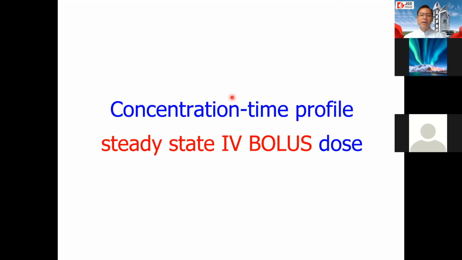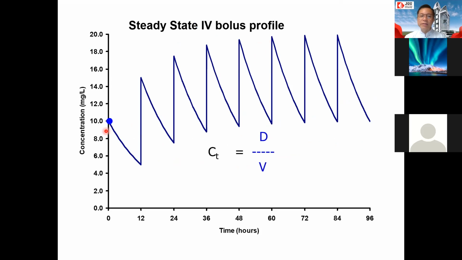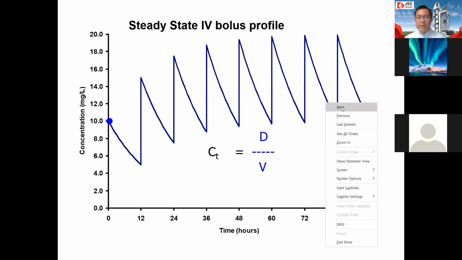Now, steady state, IV bolus dose. This one is multiple dosing. In multiple bolus dosing, the concentration goes up and up until it achieves the steady state.